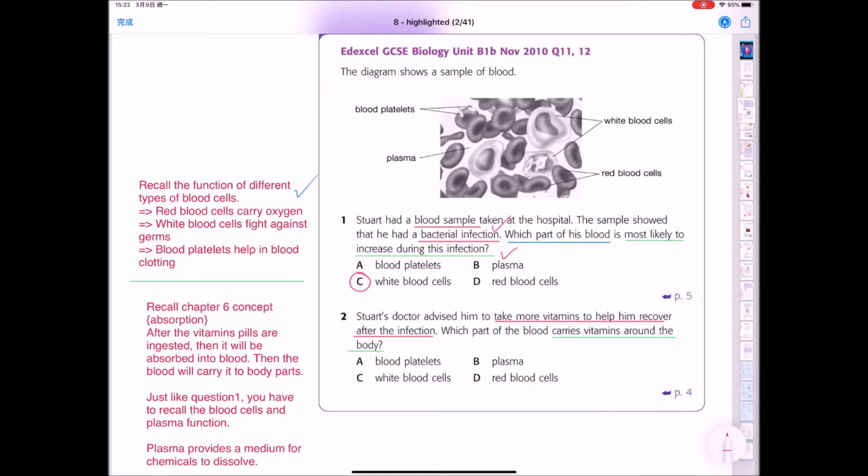So red blood cells never carry nutrients around the body. But for the whole content of the blood, we have the plasma, because plasma provides a medium for chemicals to dissolve and to carry those substances in our body. So the answer is plasma.